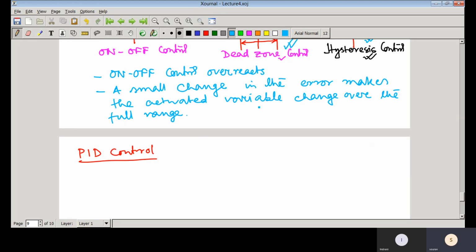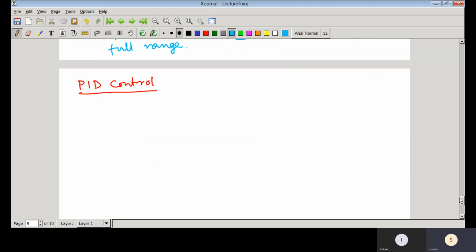So if only a small error occurs in the closed loop control system, the control input actually becomes U max or U min. That means an overall changeover occurs. So it actually overreacts.